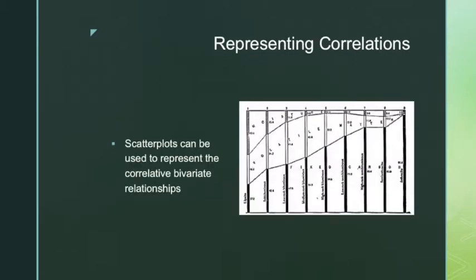So we can represent correlations using a graph. Scatter plots can be used to represent the correlative bivariate relationships. So we can use SPSS to make a graph that shows the relationship between the two variables.